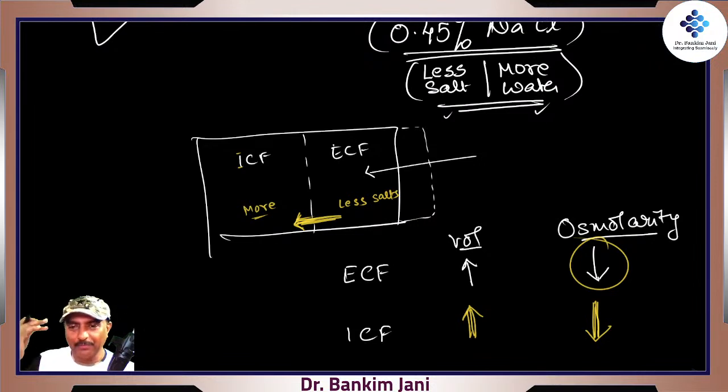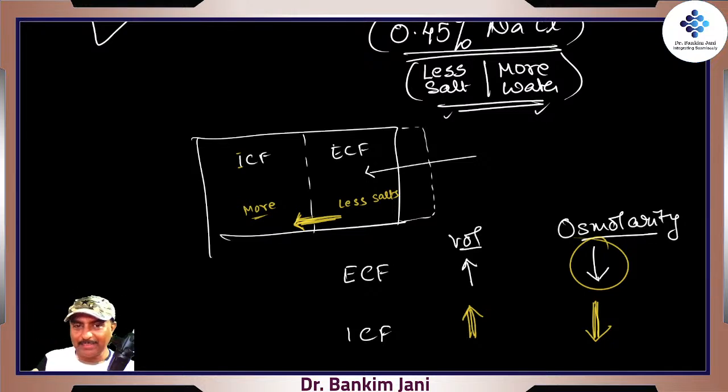Always remember it like this, with the chai concept. It would really look very impressive. When we add a hypotonic solution to the ECF, obviously there would be a decrease in osmolarity because there is relatively less salt, more water.